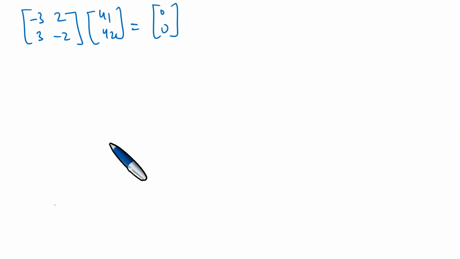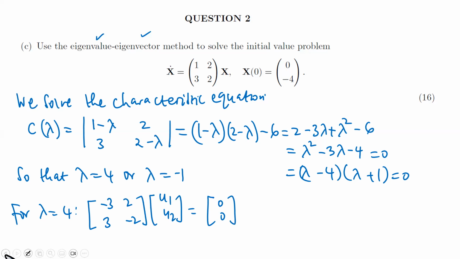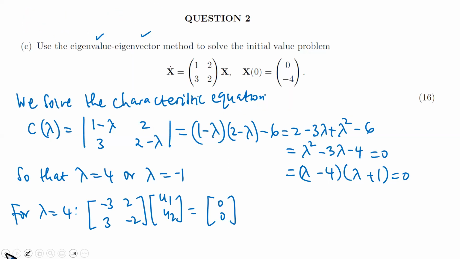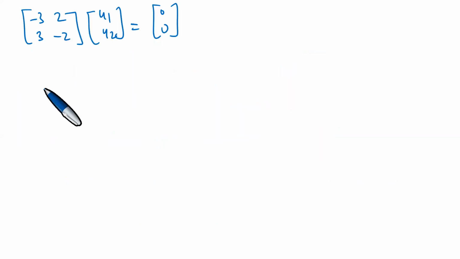If I copied correctly, it is minus 3, 2, 2, 3, minus 2. Okay, so what do we get out of this?